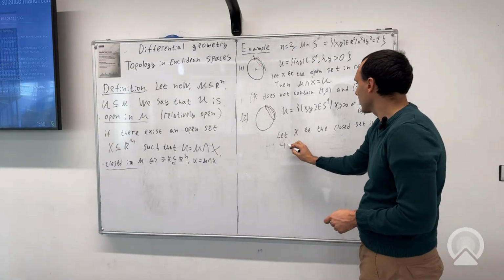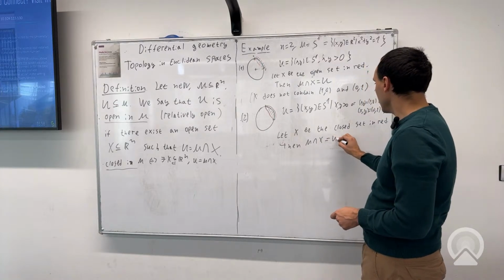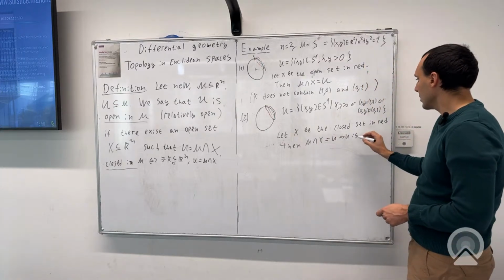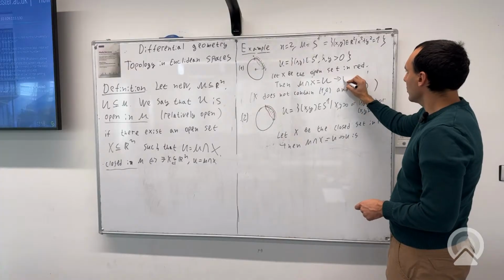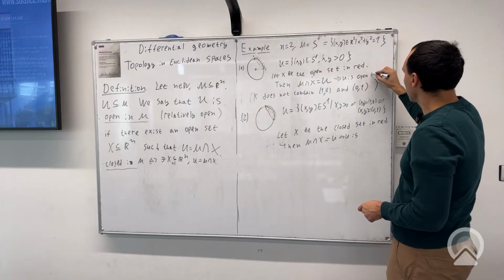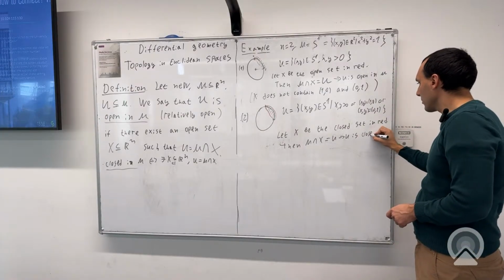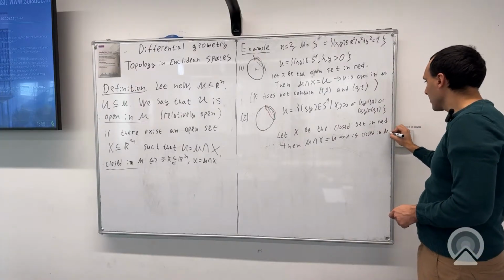Then M intersection X is U, therefore U is closed. So here U is open in M, and here U is closed in M.